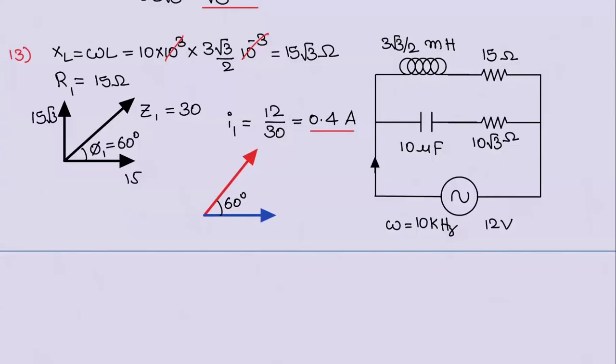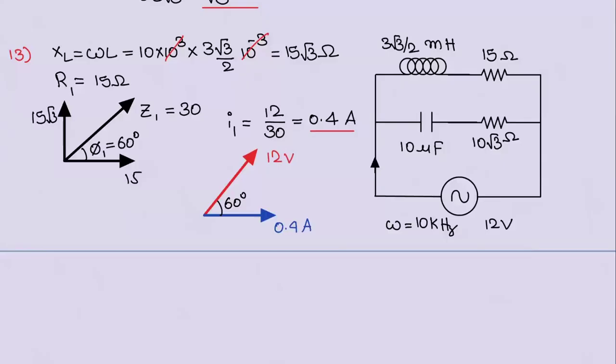In the upper circuit, we got this: 0.4 ampere, and voltage is 12 volt. Done. Upper circuit is only that.